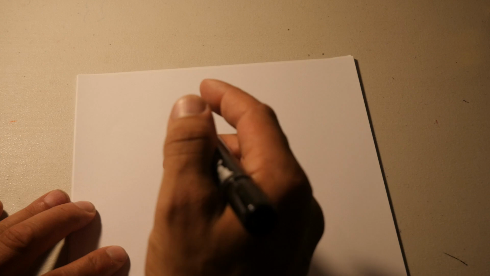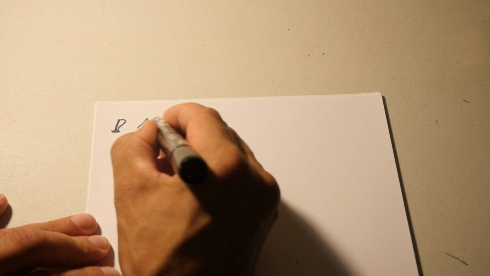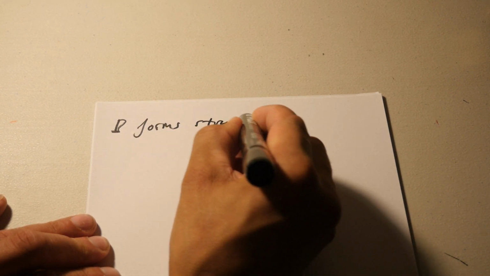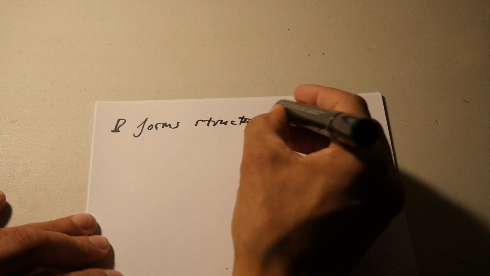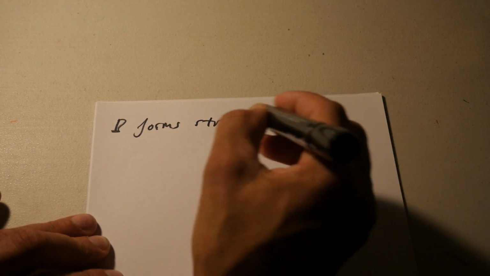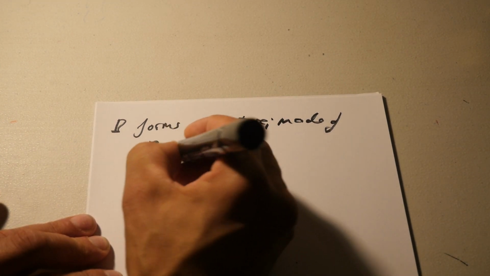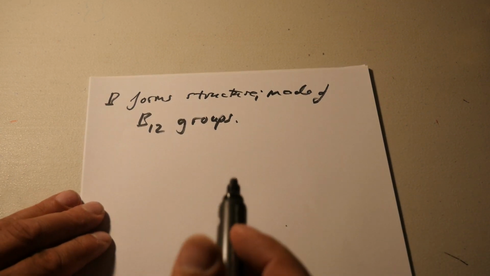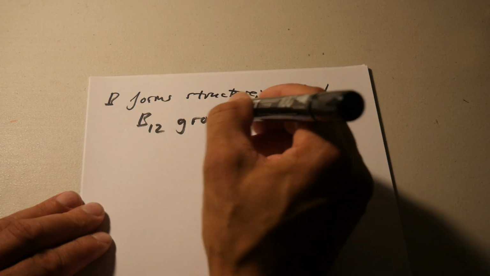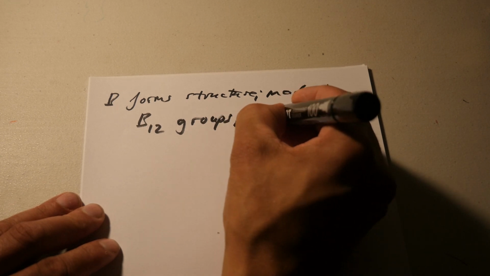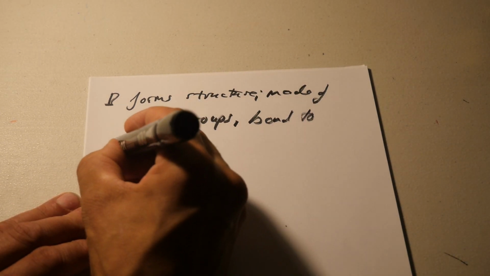So boron forms a structure which is made of boron 12 groups, which bond to other atoms.